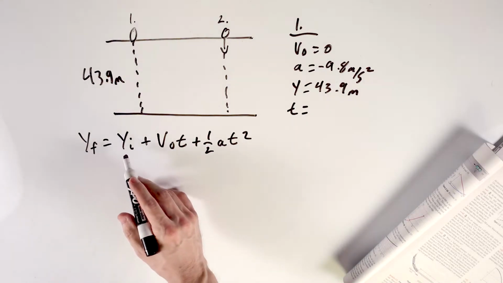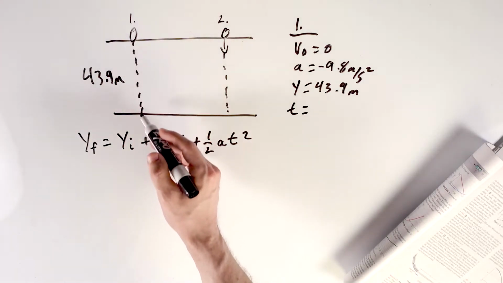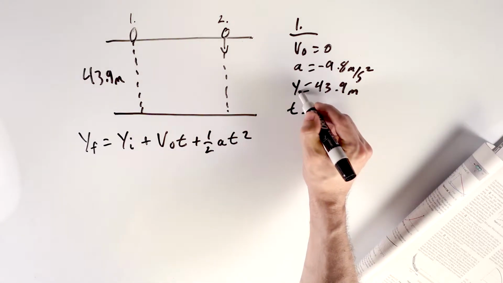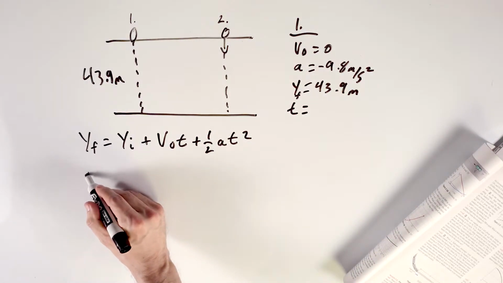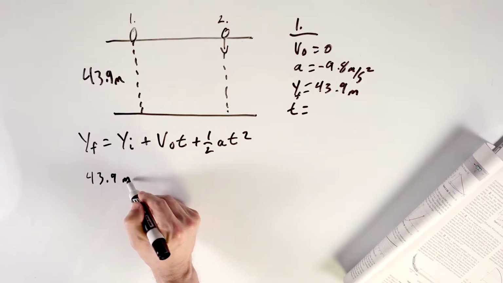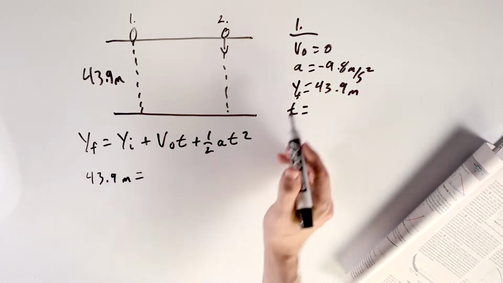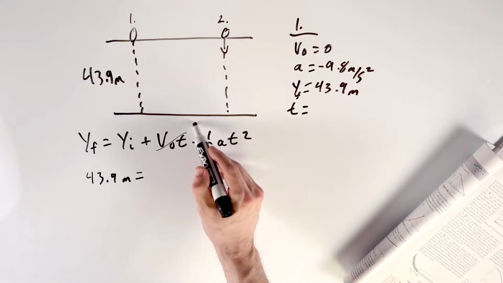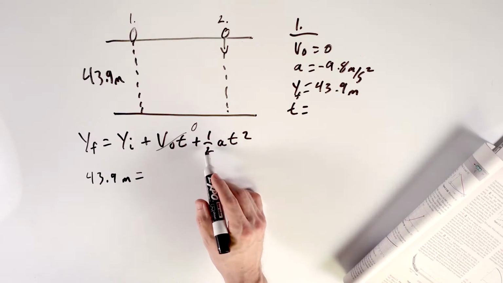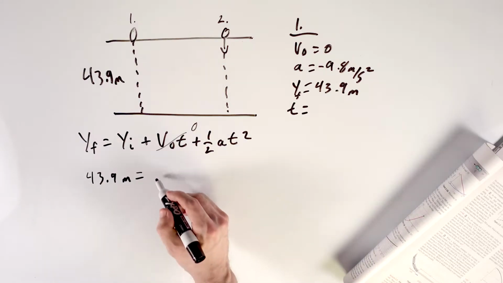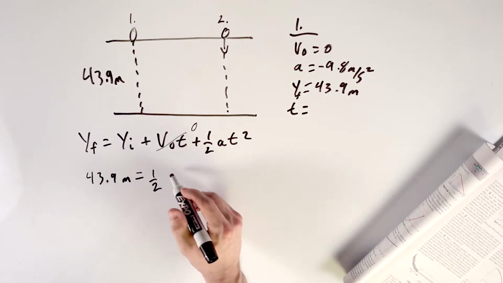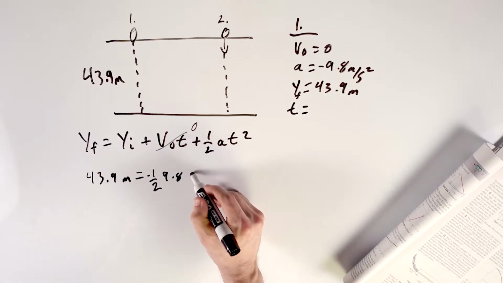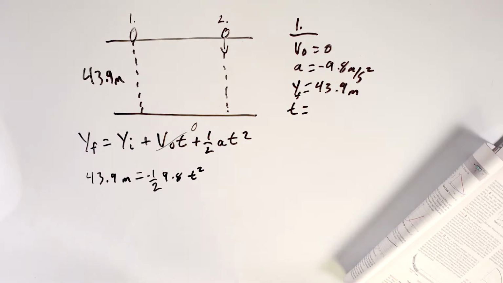So we have the y initial is 0 because it starts at 0, it goes down to 43.9. So we have y, this is basically y final. You have 43.9 meters, and that equals an initial velocity of 0. So this whole point right here gets wiped out. This is 0. And then we have 1/2 at squared. So you have 1/2, and then you have a negative 9.8, and then you have t squared.